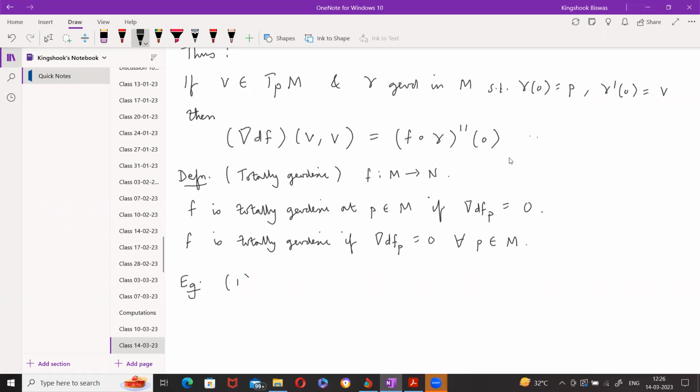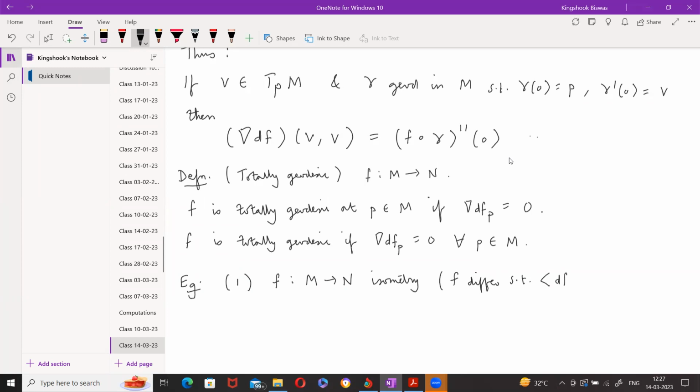Example one: if F is an isometry, so that means that F is a diffeomorphism such that it preserves the inner product.